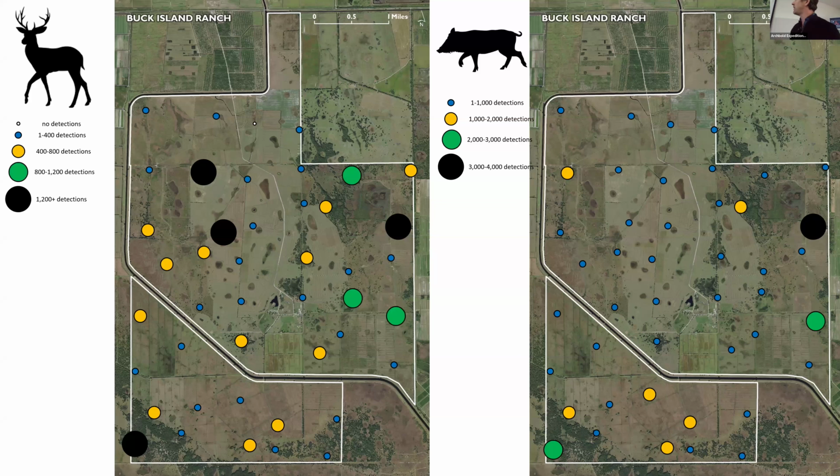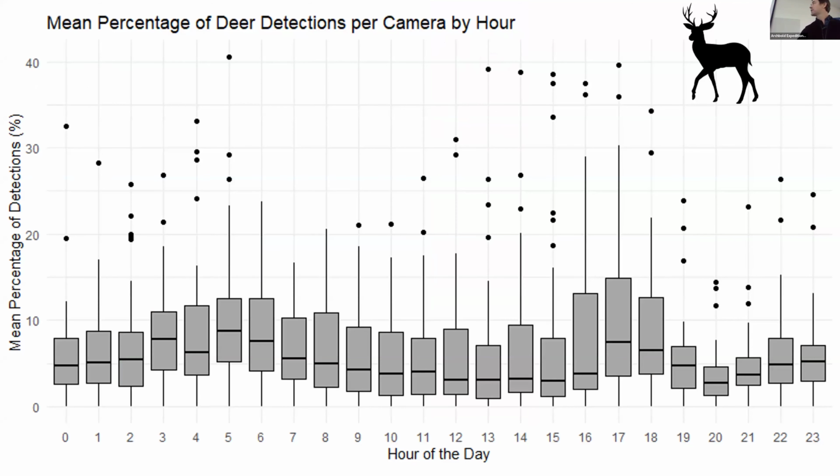Note in this that we've got different levels of detection. The black dots show where white-tailed deer are distributed, and for the pigs, there's a different level of occurrence on these cameras, a lot higher. But you can see where the peaks are, especially in the South Marsh and along the east side of the East Marsh.